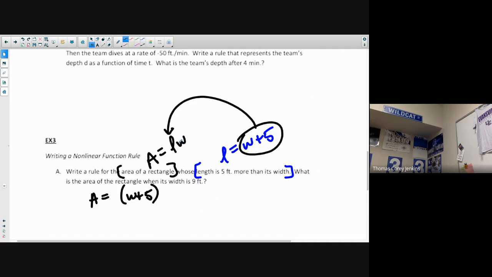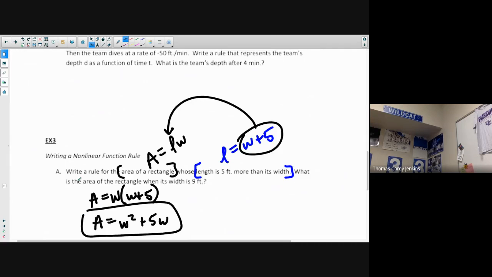Because it's length times width. So W plus 5 times W. We'll distribute to kind of clean it up a little bit. W times W is W squared. W times plus 5 is plus 5W. So this is based on our formula there. A equals W squared plus 5W.